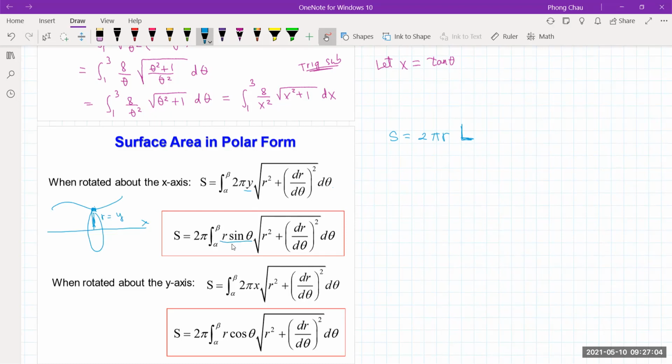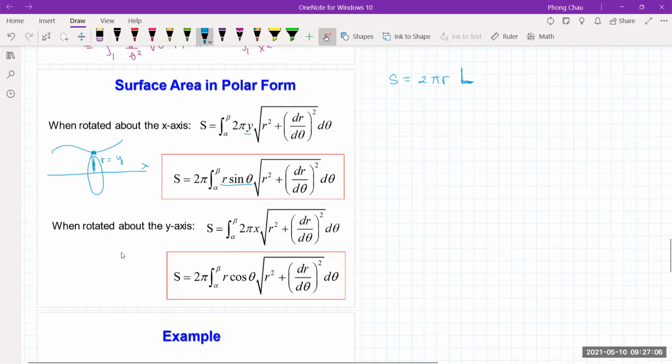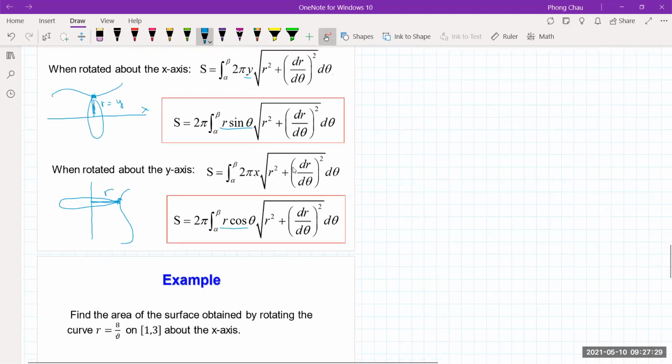Similarly, when you rotate about the y-axis, then your radius here will be the x-coordinate of the point, so 2 pi x, but x is r cosine. Okay, so we have two formulas, and then from here I can find the surface area.